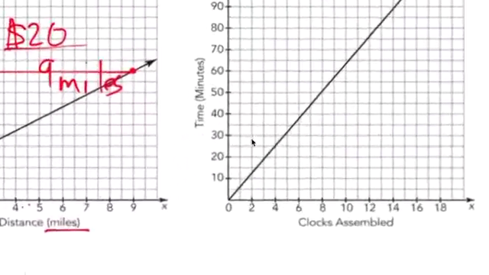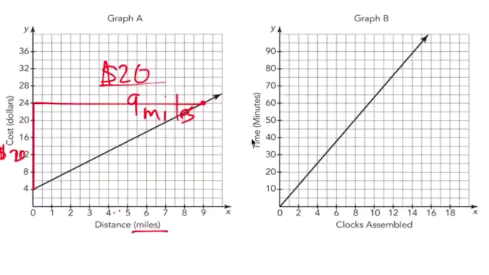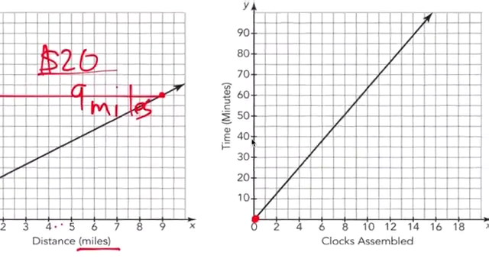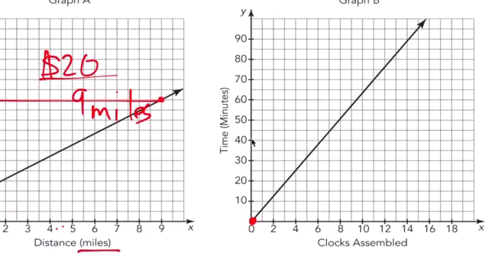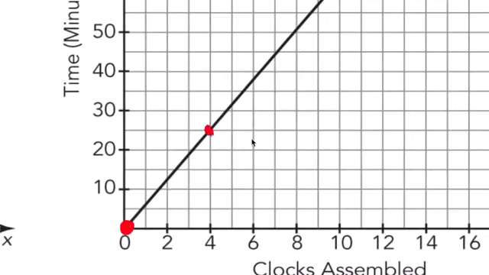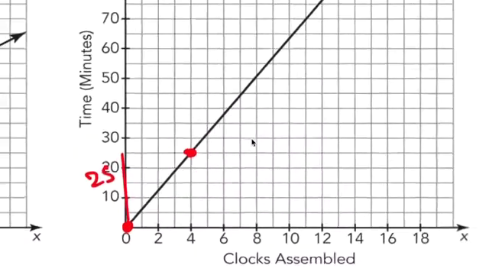Okay, and this one here, graph B, I'll pick 0, 0. 2, 3, 4. Oh, 4 will work. Okay, that's 5, 10, 25. 25 what?